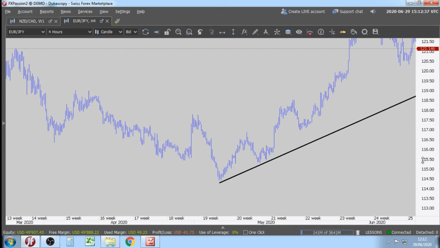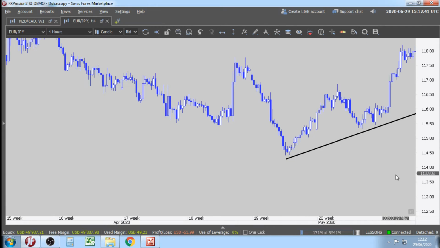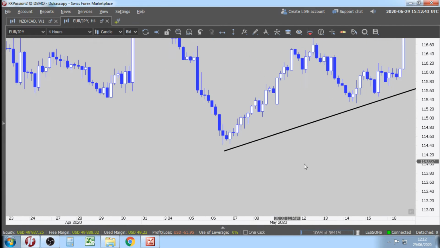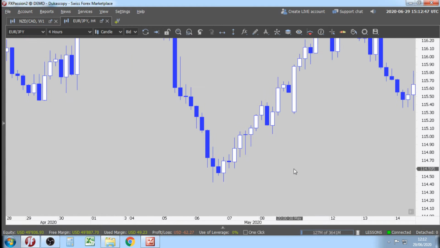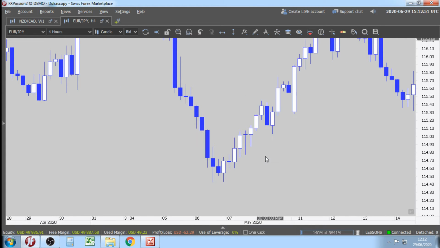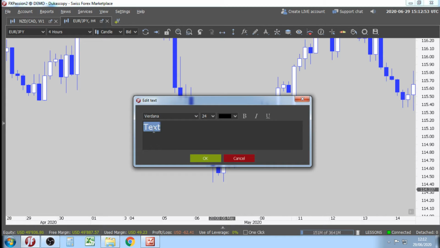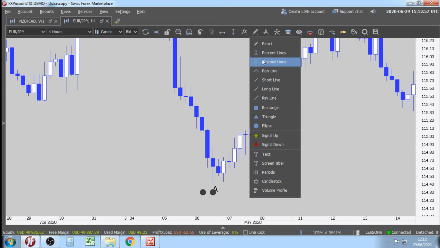So this is the uptrend line, right? And this is our lowest low on the 4-hour chart. I'm going to delete the uptrend line. And there you go. This is our A. Down here, what is the B?